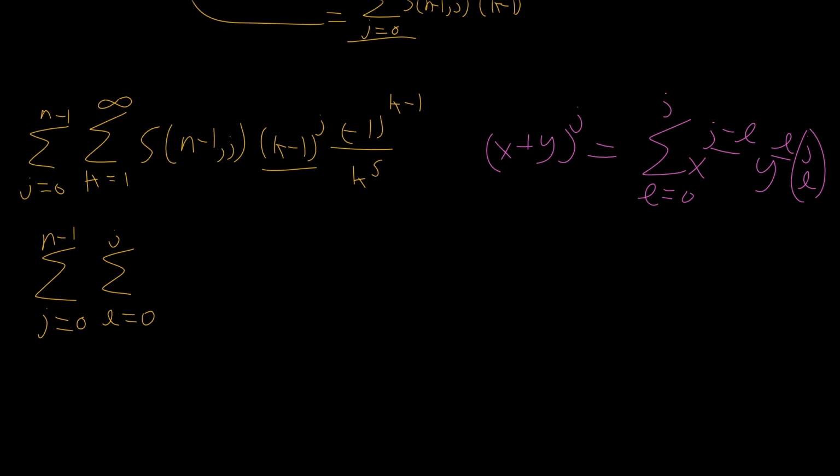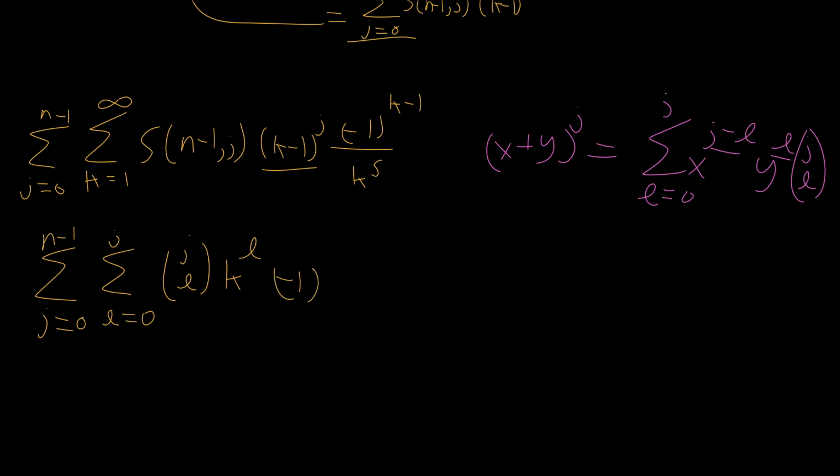So what we have then is our x is just k and our y is -1, and our j in this case is just j. That's the reason I wrote it like that. So we have j choose L, and then our k is going to be raised to the L power.